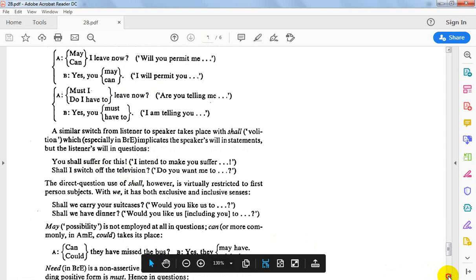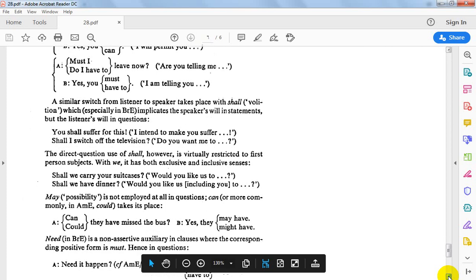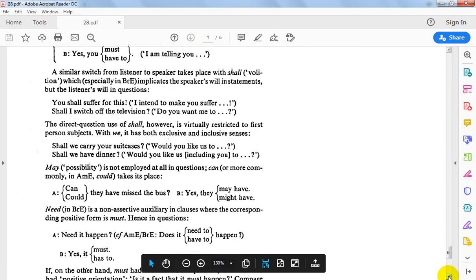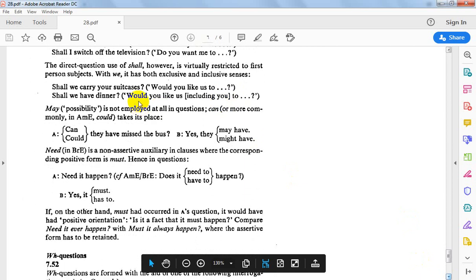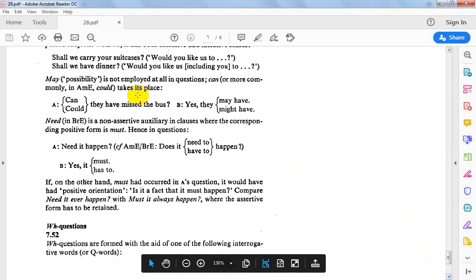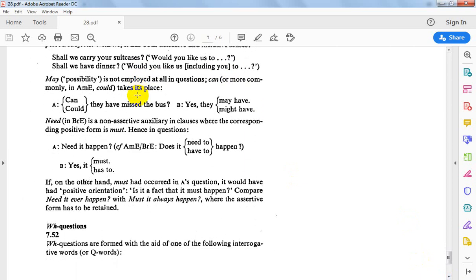The direct question use of shall, however, is virtually restricted to first person subjects. With we, it has both exclusive and inclusive senses. I think you have discussed something related to inclusive or exclusive we as first person plural. You remember when you discussed pronouns in third year?